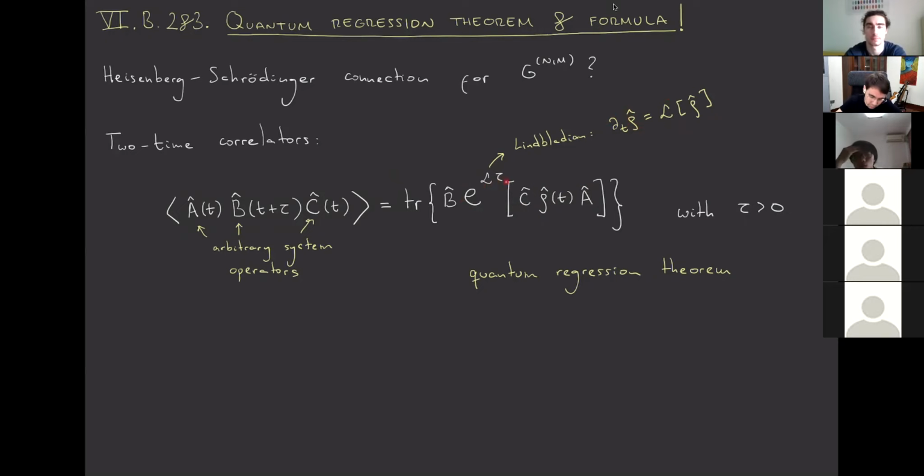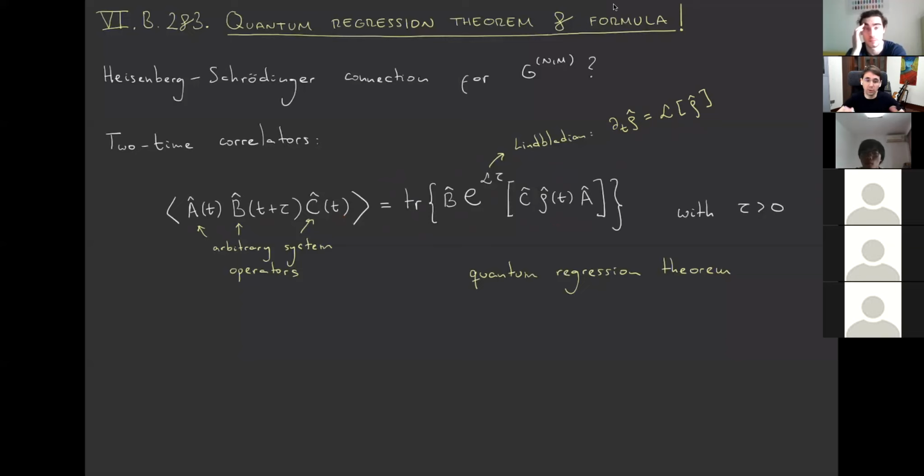This exponential of L tau is nothing but the time evolution superoperator of your master equation. So you just evolve the modified state by these operators A and C on the extremes. And then you evaluate the expectation value of the operator B when the state is that object, which is not a state in general, it is not even normalized. But this is how you can evaluate two-time correlation functions in the Schrodinger picture.